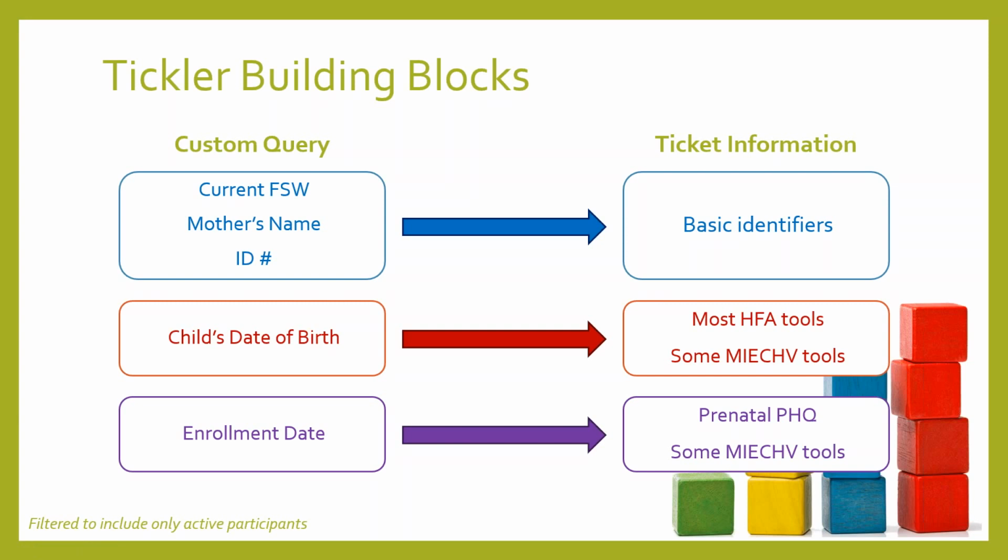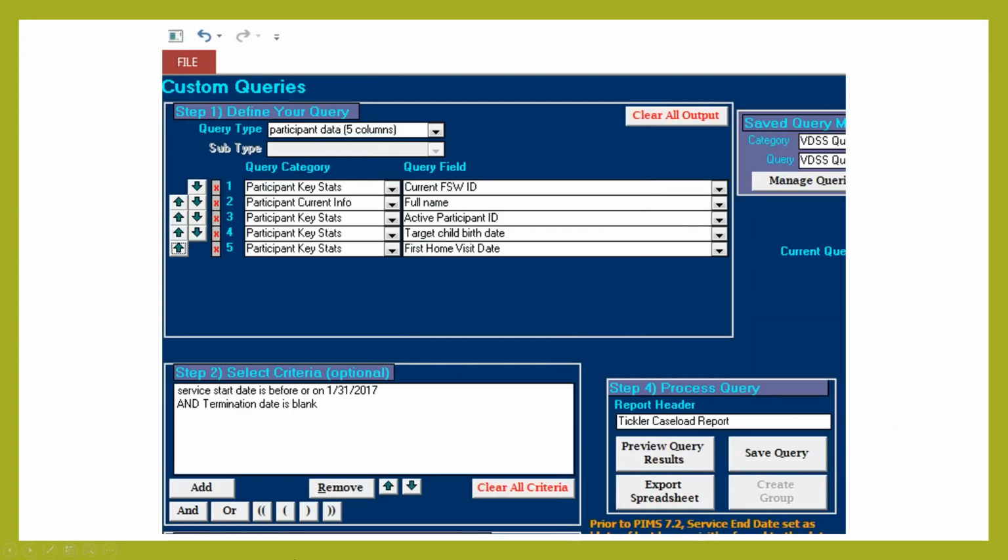We also needed to know the date of enrollment for some of the MECSH or the MCV tools, and also for the prenatal depression screening tool, which I'm going to talk a little bit more specifically about because that one was a little bit tricky. And we also wanted to build a custom query that was filtered to only look at active participants. So we didn't want to be looking at everybody who'd ever been enrolled in Healthy Families. We only wanted the people that were open right now. So this is what our basic custom query looks like.